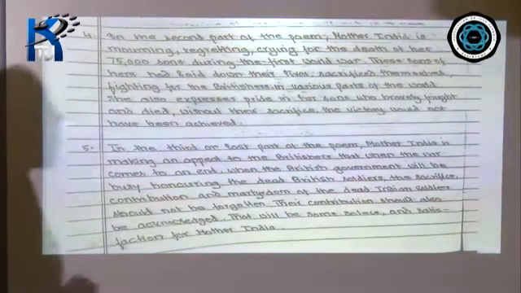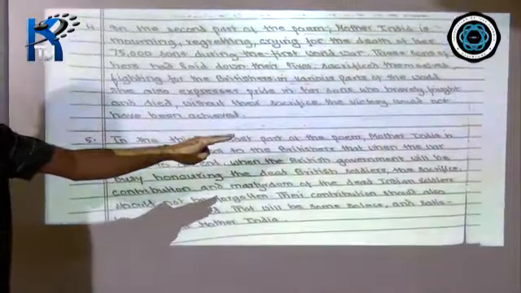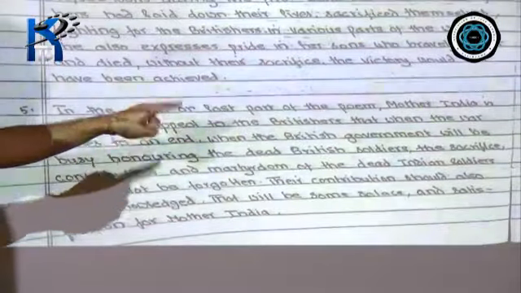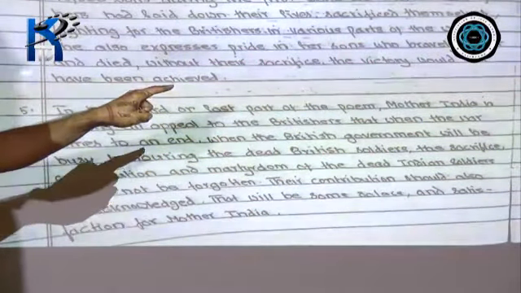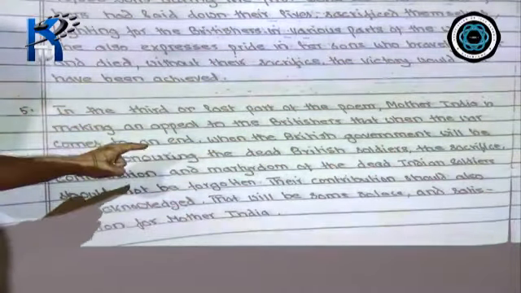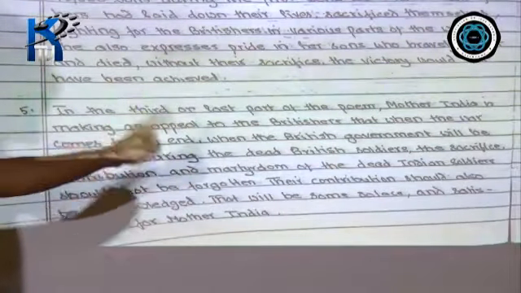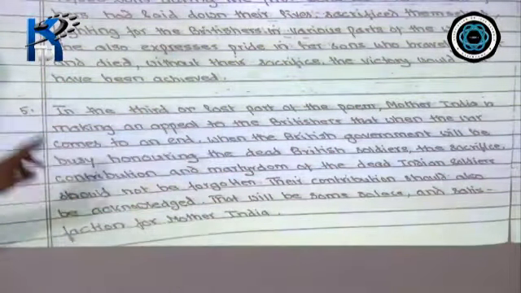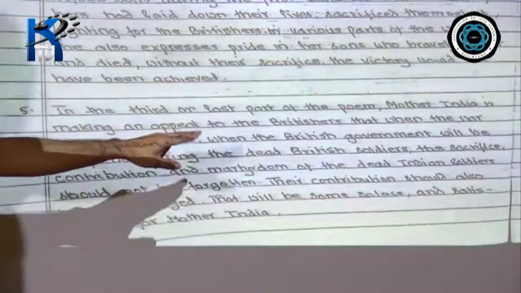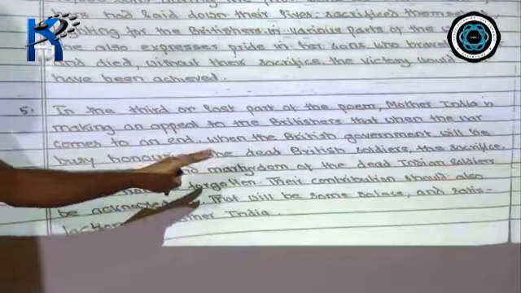Now I come to the third part. In the third or the last part of the poem, Mother India is making an appeal to the Britishers, or the then British government, that when the war comes to an end, when the British government will be busy honoring the dead British soldiers, the sacrifice, contribution, and martyrdom of the dead Indian soldiers should not be forgotten.